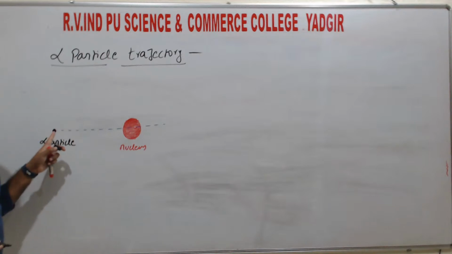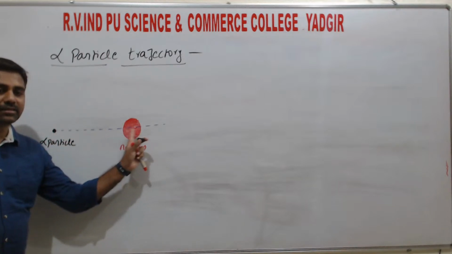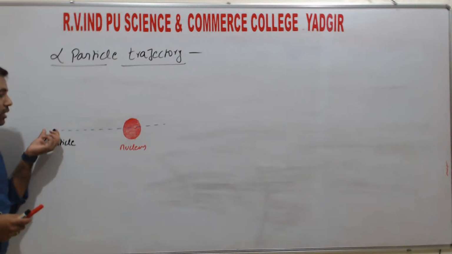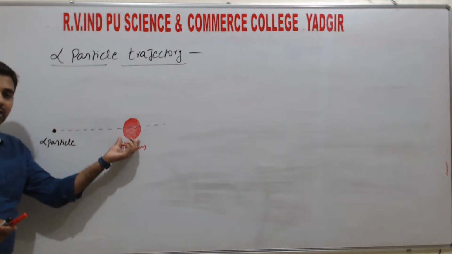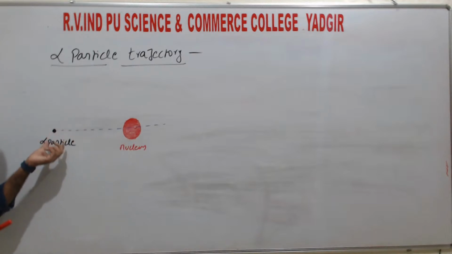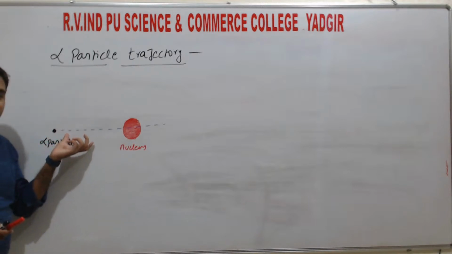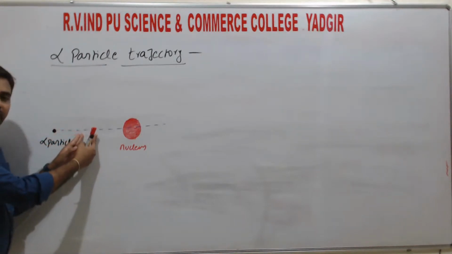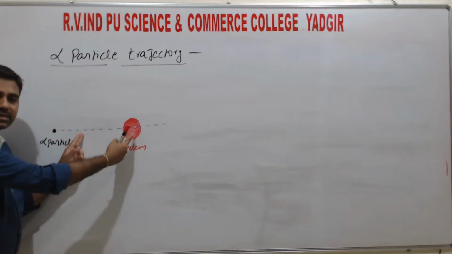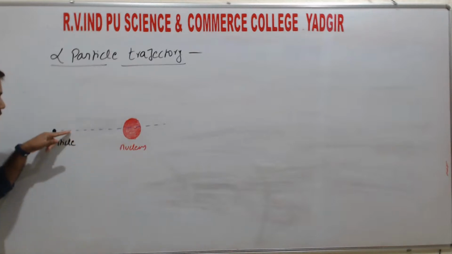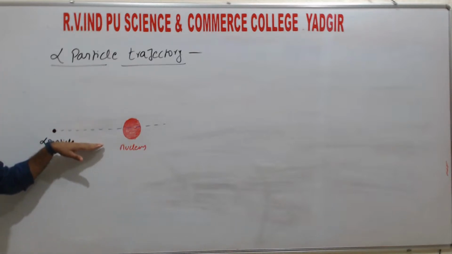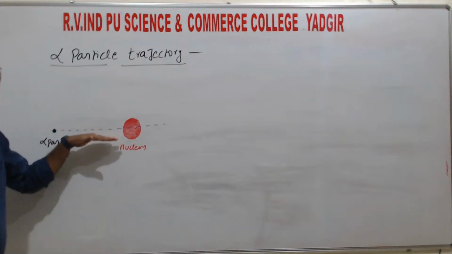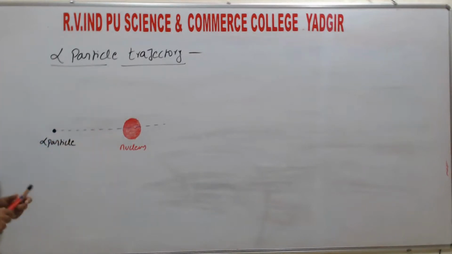So this one is the alpha particle, along the axis of the nucleus, right? So as the alpha particle makes a head-on collision with the nucleus, we need to measure the perpendicular distance of the alpha particle's initial velocity from the center, that is the axis of the nucleus. If both are in the same line, that means the impact parameter is minimum, that means the value b is 0, right?